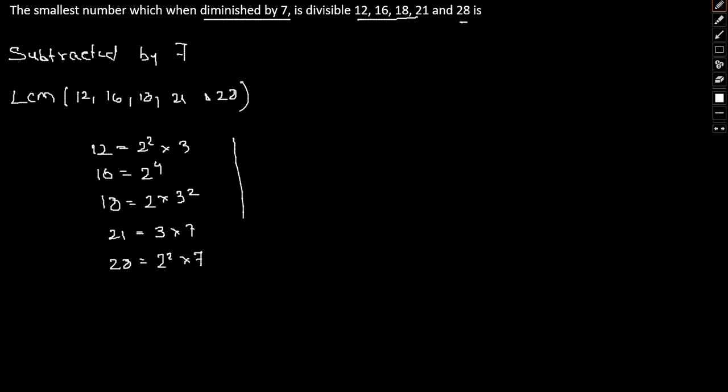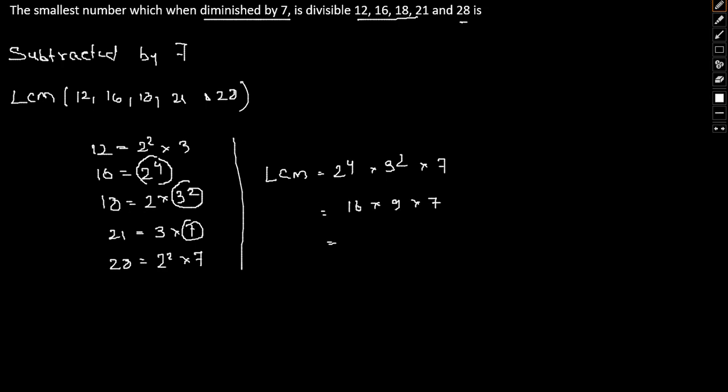Now if we talk about the LCM, the highest power of 2 here is 2 to the power 4, so we'll take that. The highest power of 3 is 3 square, so we will take that, and the highest power of 7 is 7 to the power 1. That gives us 16 into 9 into 7, which is 144 into 7, giving 1008, which is the number.